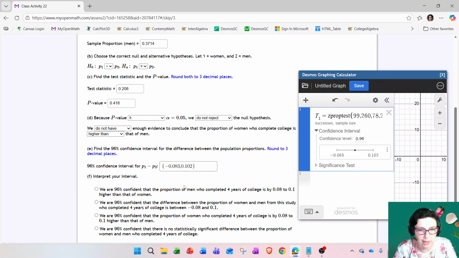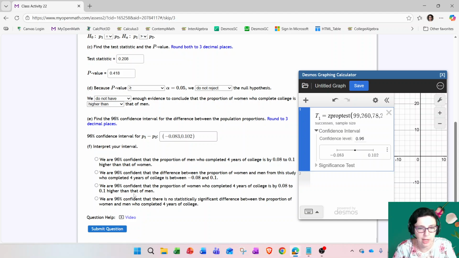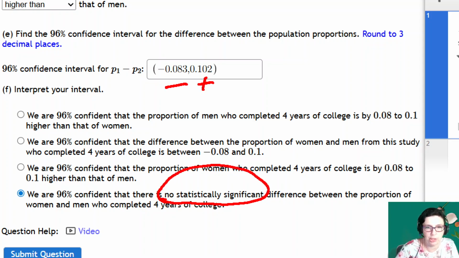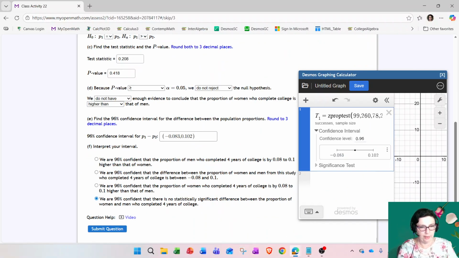So in this case, when you have case 1, you're going to say we are whatever percent confident that there is no statistically significant difference. So when you see this minus plus, you are choosing the option that says no statistically significant difference. It is so easy, and yet when I look at tests, it's like, oh my God, they do not want to learn the cases. Well, there's that.